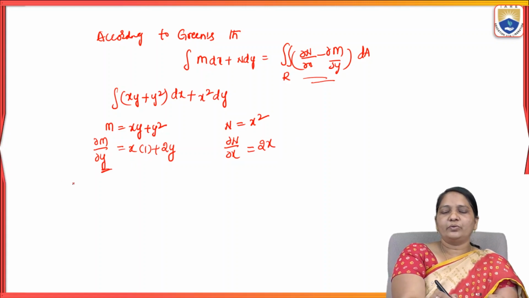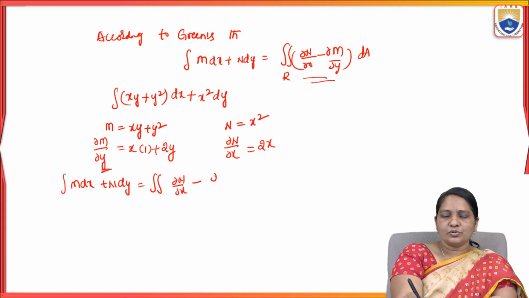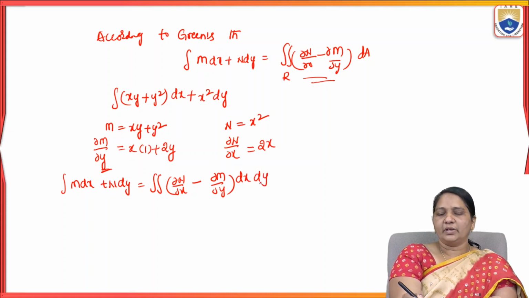So now according to the statement we are going to replace: integral of m dx plus n dy is equal to the double integral of dou n by dou x minus dou m by dou y into dx dy. dA is nothing but dx dy.